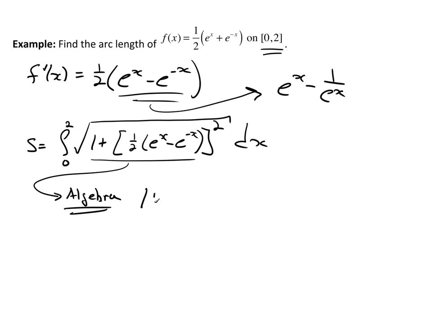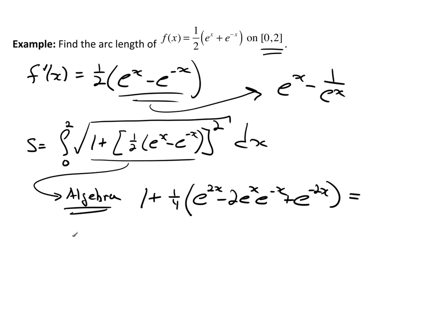So I have 1 plus, if I square this, this would be 1/4 times (e to the 2x minus 2 e to the x times e to the negative x, plus e to the negative 2x). So if I add these together, I need a common denominator, so the 1 would be multiplied by 4 over 4.